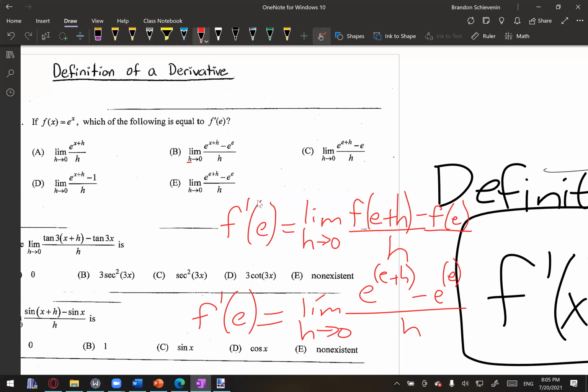Which of these matches? E. Yes, e matches. Are you okay on the first one? Okay. Yeah.